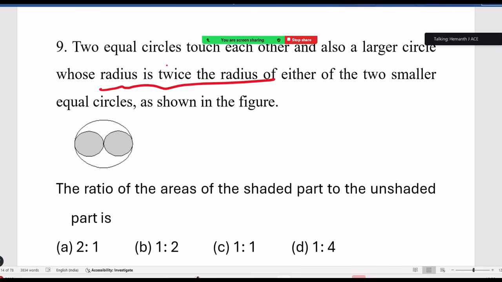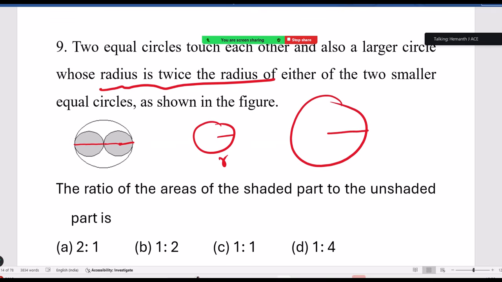The first one's diameter is D, the big circle diameter will be 2D. So when the small circle radius is R, the big circle radius will be 2R.